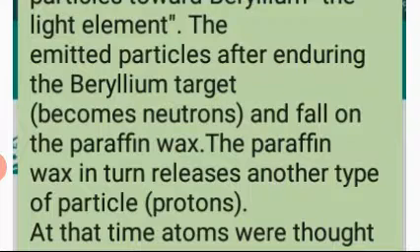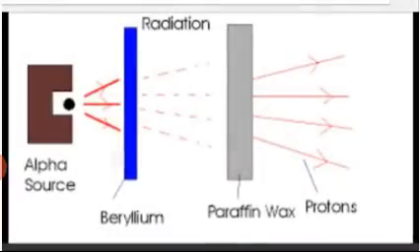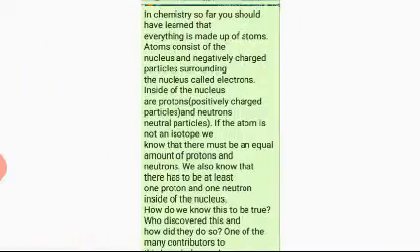So in the first diagram, beryllium is placed where the alpha particles come, the alpha source, when the radioactive element shows radiation. Further, they ionize the paraffin wax and then protons.